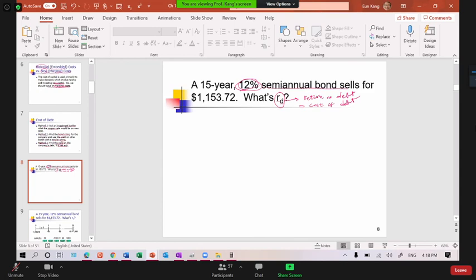So 12% is actually the interest rate 15 years ago, right? So it's a historical loan, not a new one. So that cannot be RD. RD is the new one. Then how would you calculate the new one, RD? That's the topic.